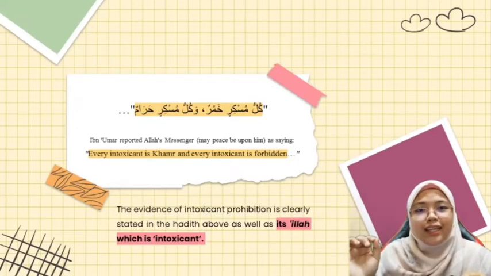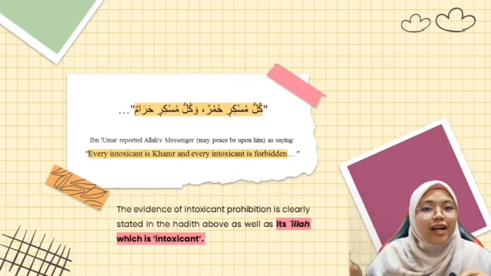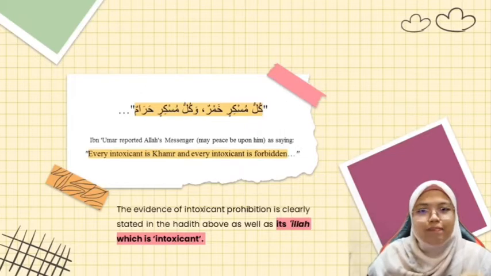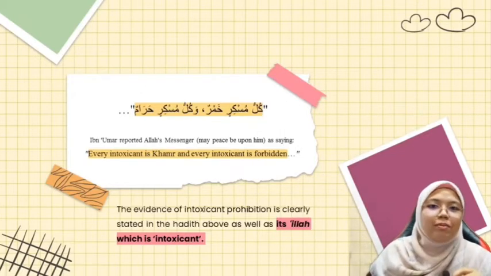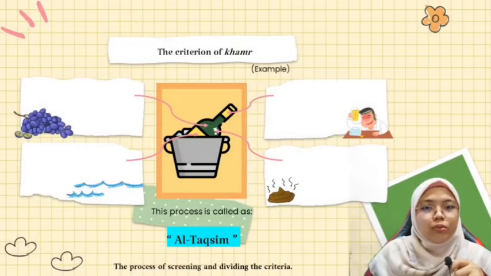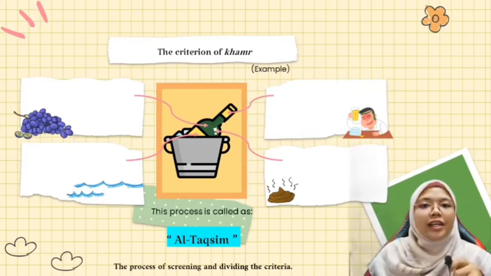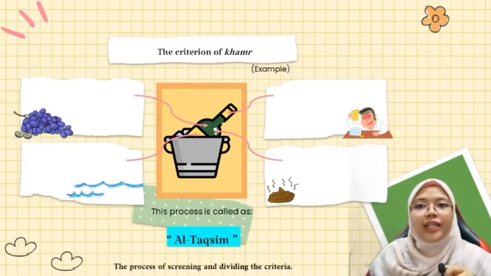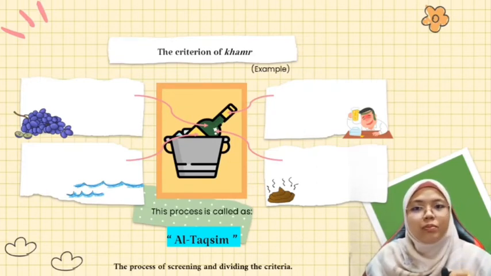Here they use the method of As-Sabru and TAQSIM. Okay, how? Let me show you the example. By using the method of As-Sabru and TAQSIM, a mujtahid will gather all of the criteria that may be the reasons for the prohibition.